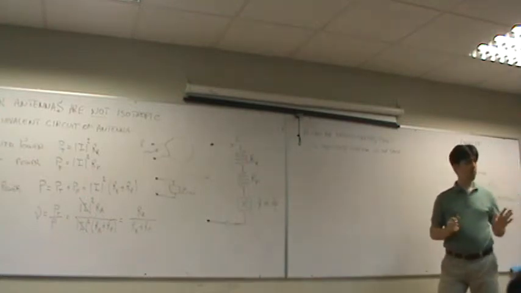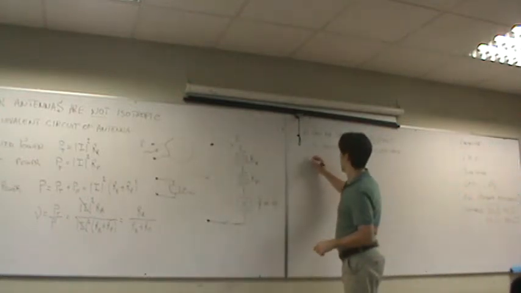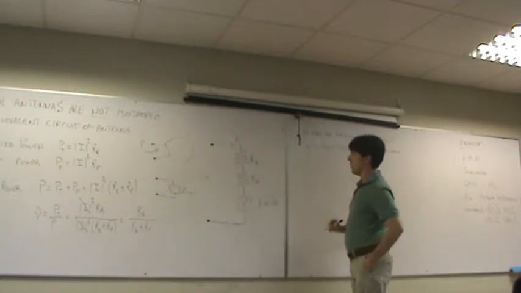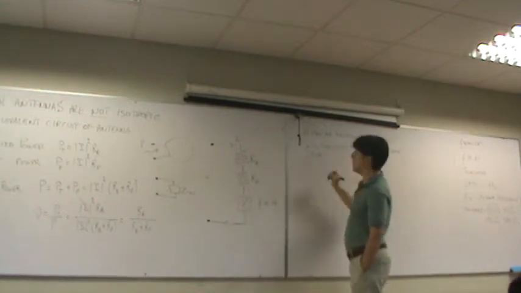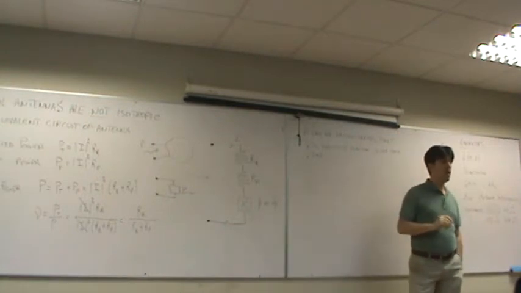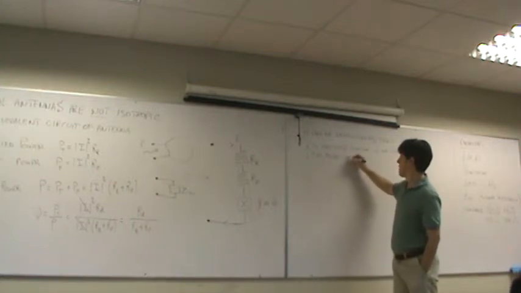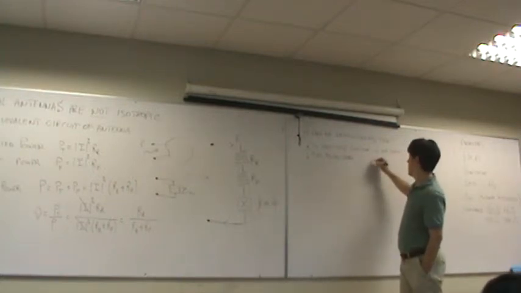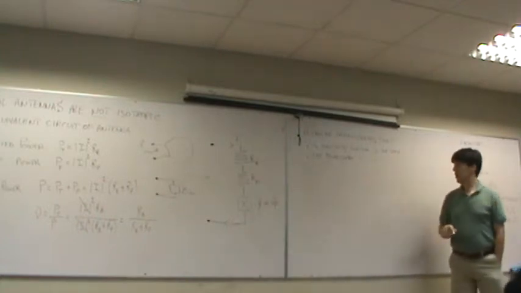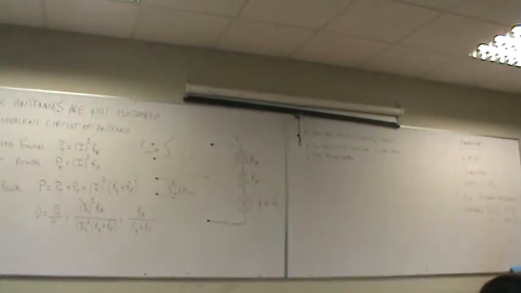It's not obvious. And then the polarization of the antenna is the same. That is, it receives a wave that has the same polarization as the wave that the antenna would transmit.